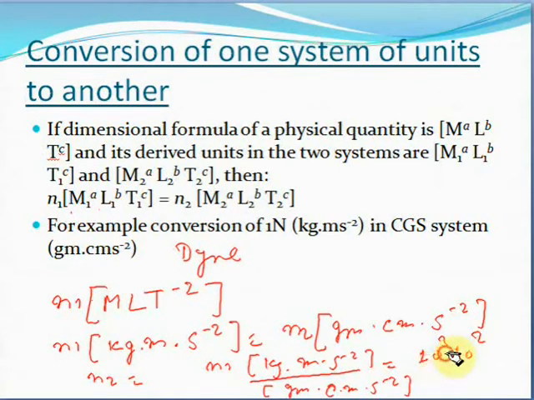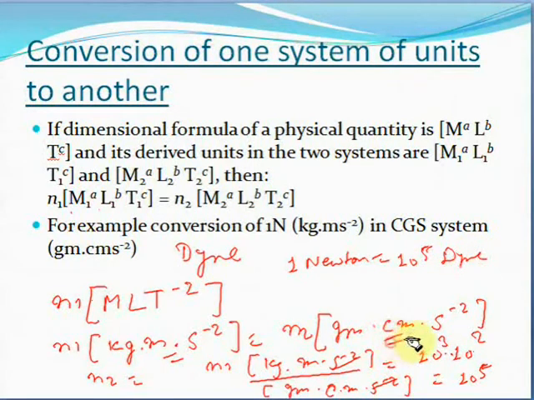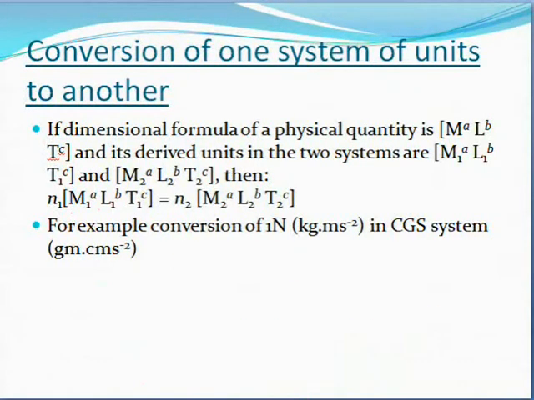So we can write 10 to the power 3 gram into 10 to the power 2 centimeter into second to the power minus 2. Now we can cancel out gram, centimeter and second square from denominator and numerator, so we are left with 10 to the power 5. So this is the value of n2. So we can say that 1 Newton, which is the SI unit of force, is equal to 10 to the power 5 dyne, which is CGS unit for force.